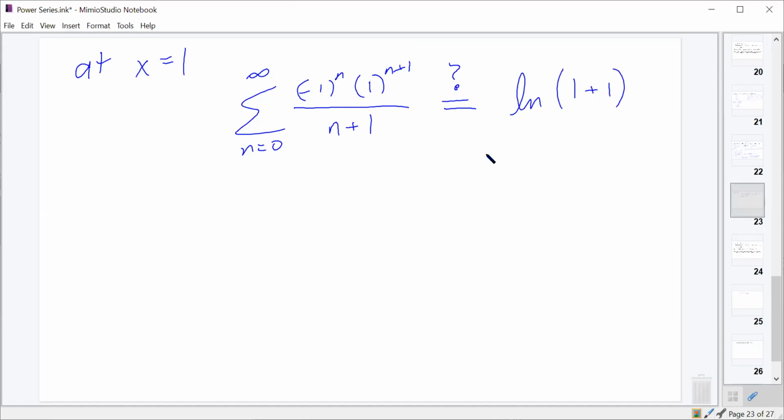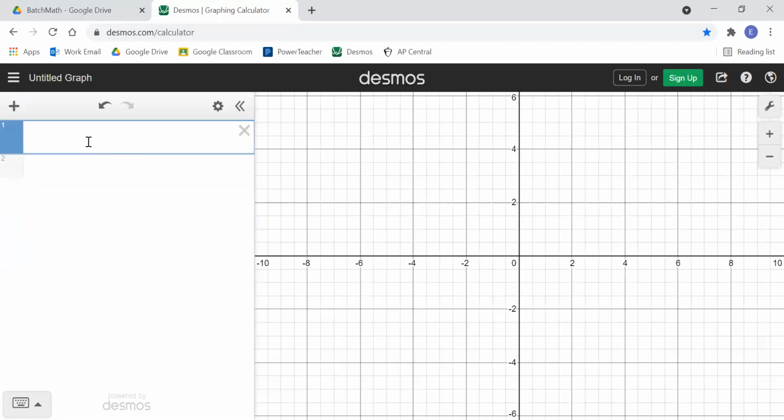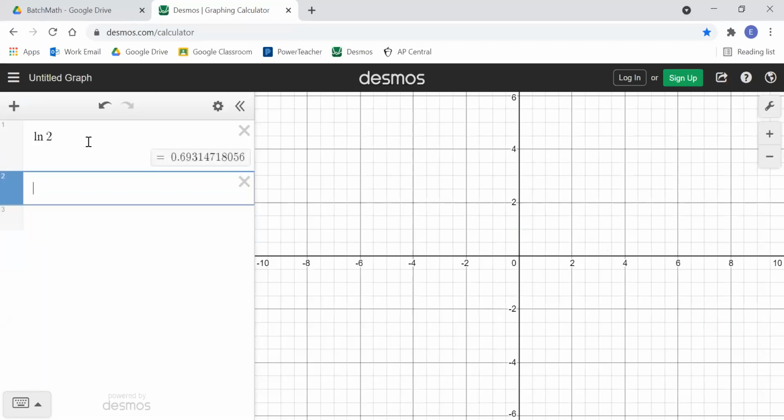And we don't have a good way to prove this yet, but we could, by just using a calculator, see if it's true. What's the natural log of 2? There it is. There's the natural log of 2. And here's my sum from n equals 0. We'll put in a value in a second. If we have (-1)^n, and then we have 1 to the n plus 1.